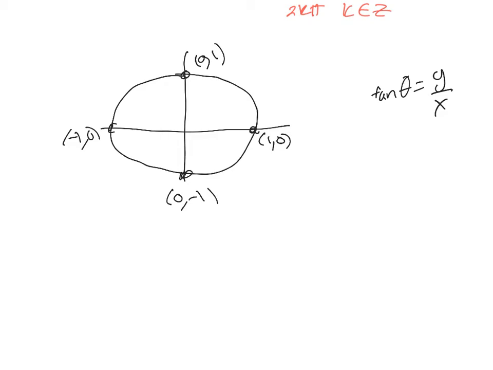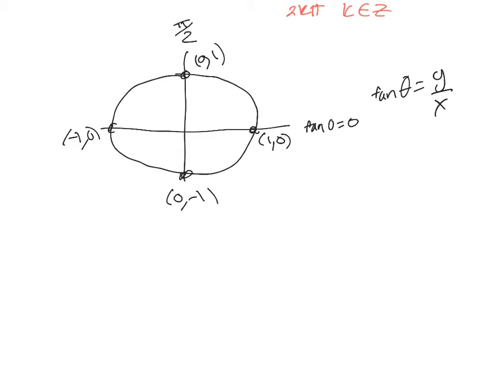Well, and notice what happens with tangent. If I think about tangent of 0, tangent of 0 is 0. But then the x-coordinate is 1, but the x-coordinate then gets smaller and smaller as we're going up towards pi over 2.